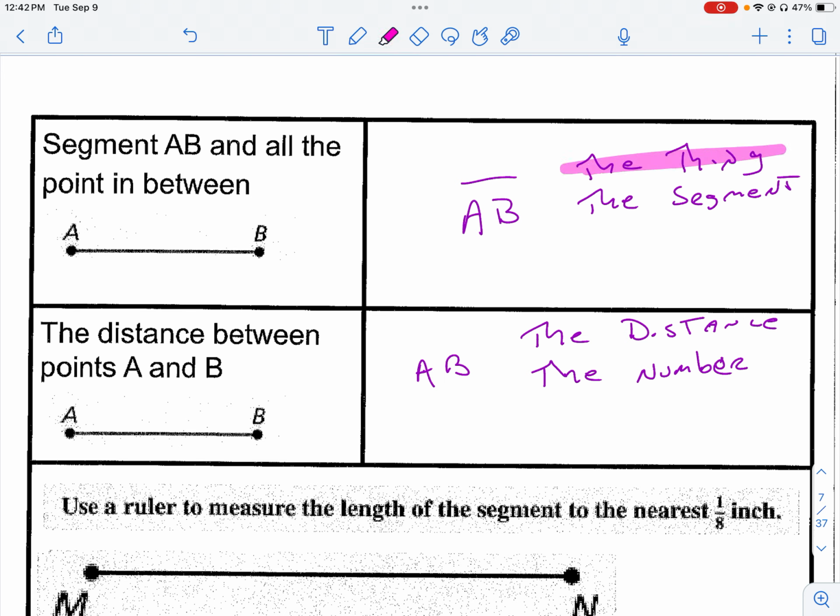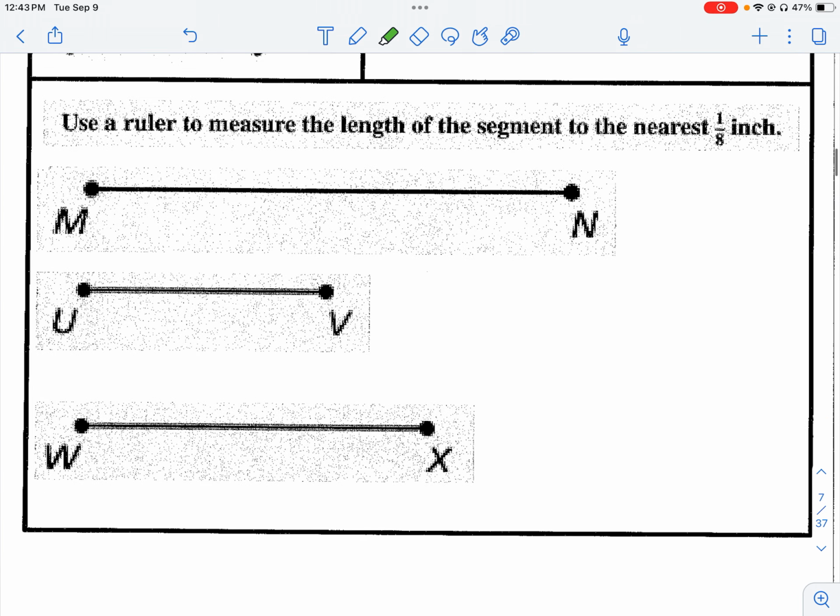So an actual thing or a number. And if we keep it in our head that way, we know what rules we can use with each nomenclature, what information we're getting from just either this or this.